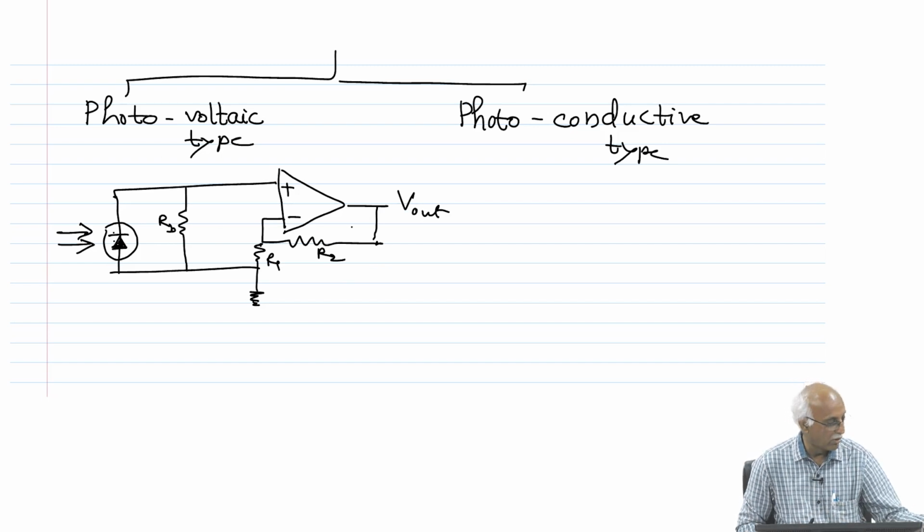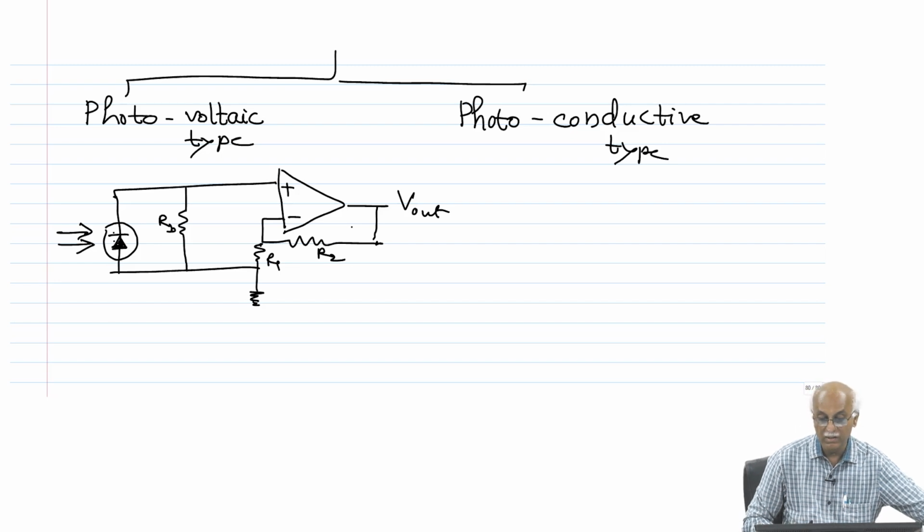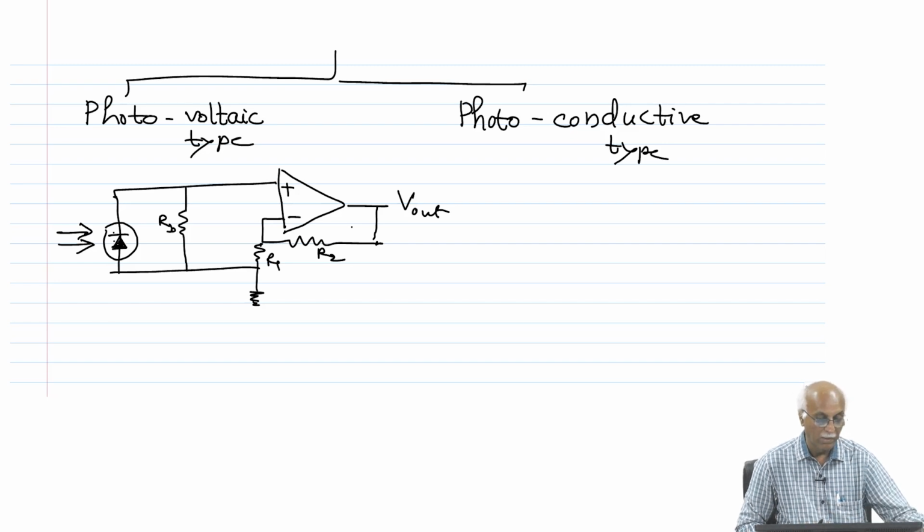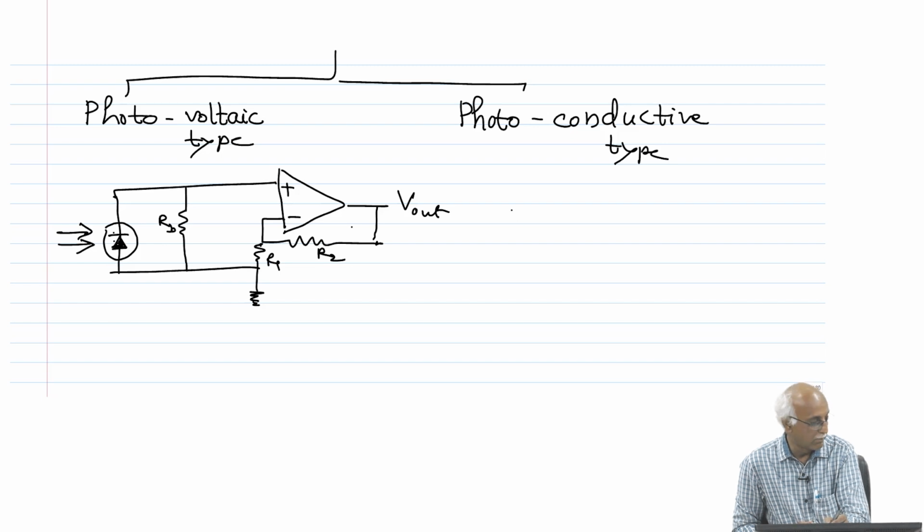In case of photoconductive mode, we will of course use reverse bias operation, and at the same time you will see that the configuration is slightly different. I will just draw quickly.